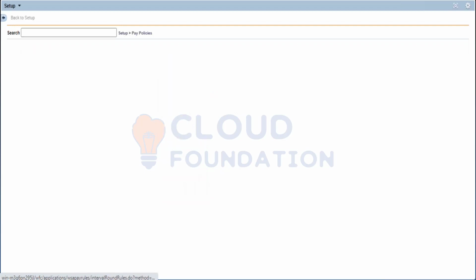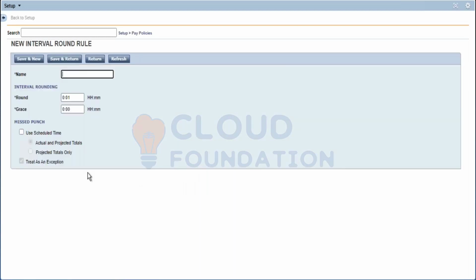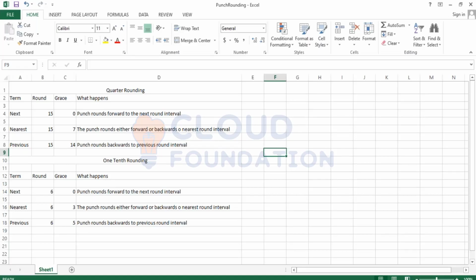So what happens in interval round rules is it's going to round the whole interval. So we saw an example, right? Say if I'm punching at 8:20, and if I'm punching at 4:25, so my whole shift is going to be 8 hours and 3 minutes, I think.